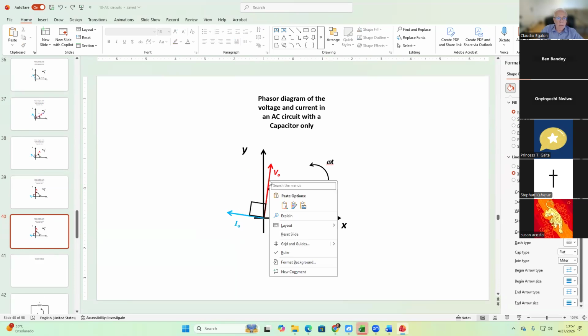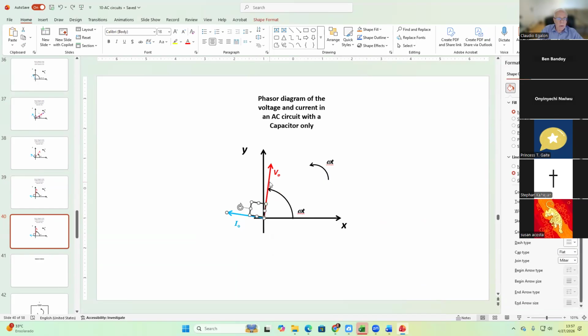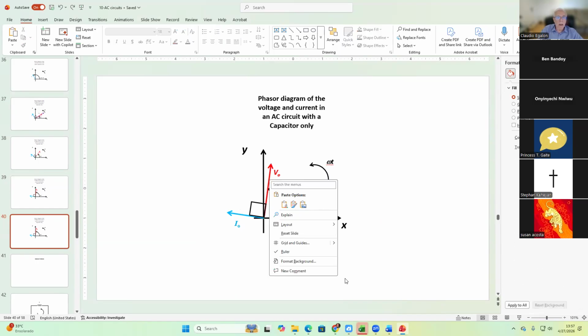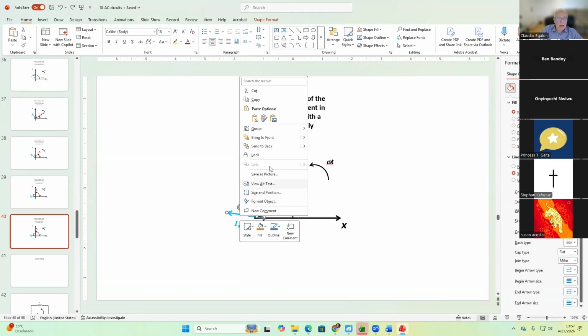Okay, now we can group. Oops, gosh. Why is it not clicking here? Okay, now I click it. Sometimes it clicks, sometimes it doesn't click. Okay, let's see if I can get it now.